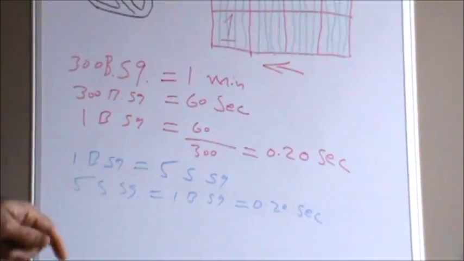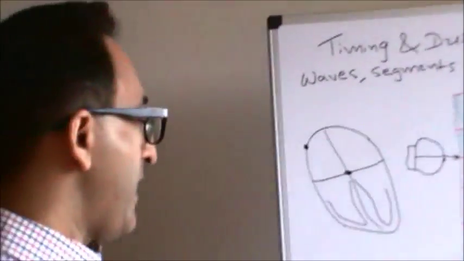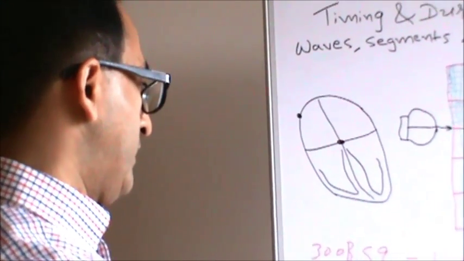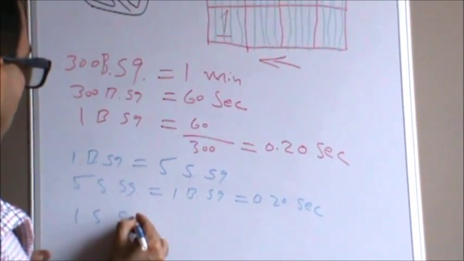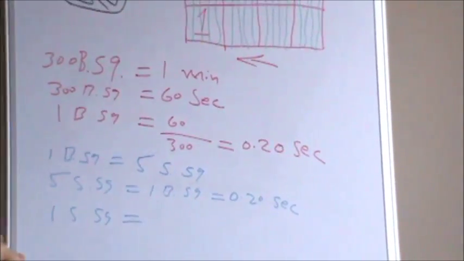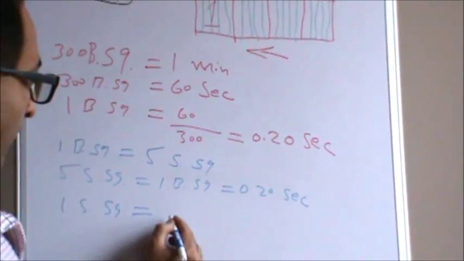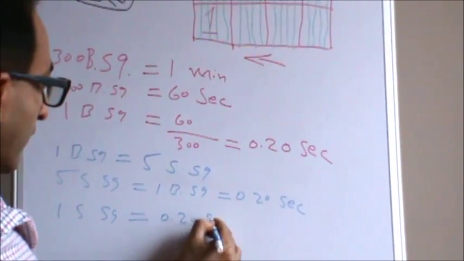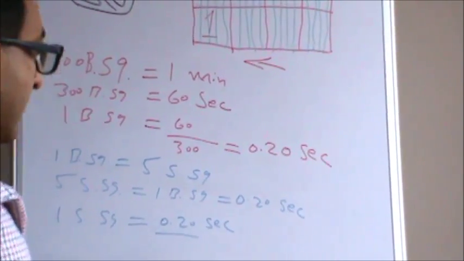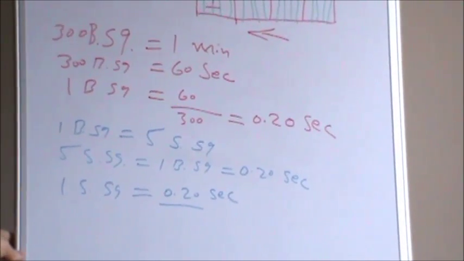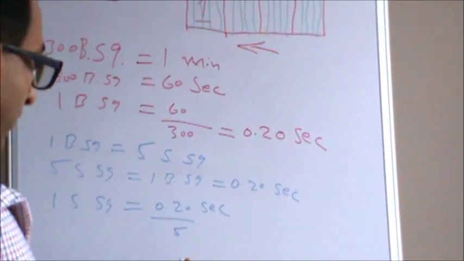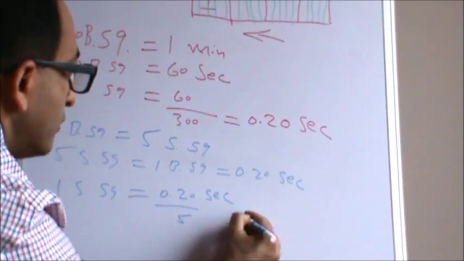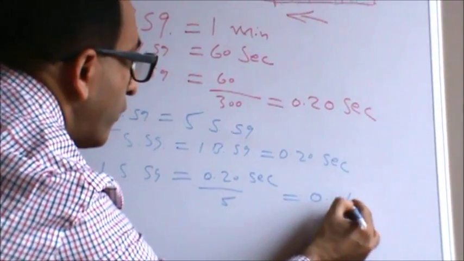Okay, so logically if you do the simple math, if we have to figure out 1 small square, it equals 0.2 second divided by 5, so it comes to 0.04 second.